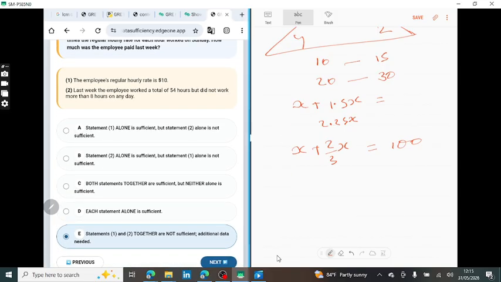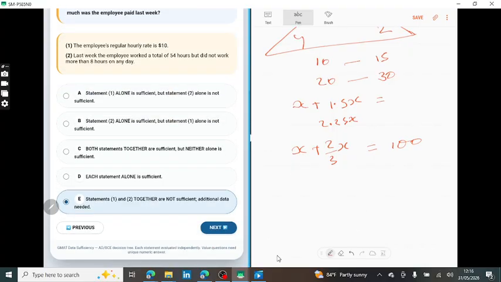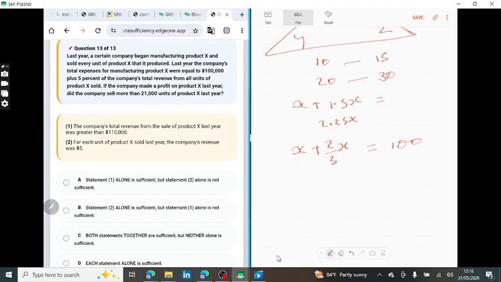Finally, this question. Last year, a certain company began manufacturing product S and sold every unit of product S that it produced. Last year, the company's total expenses for manufacturing product S were equal to $100,000 plus 5% of the company's total revenue from all units of product S sold.